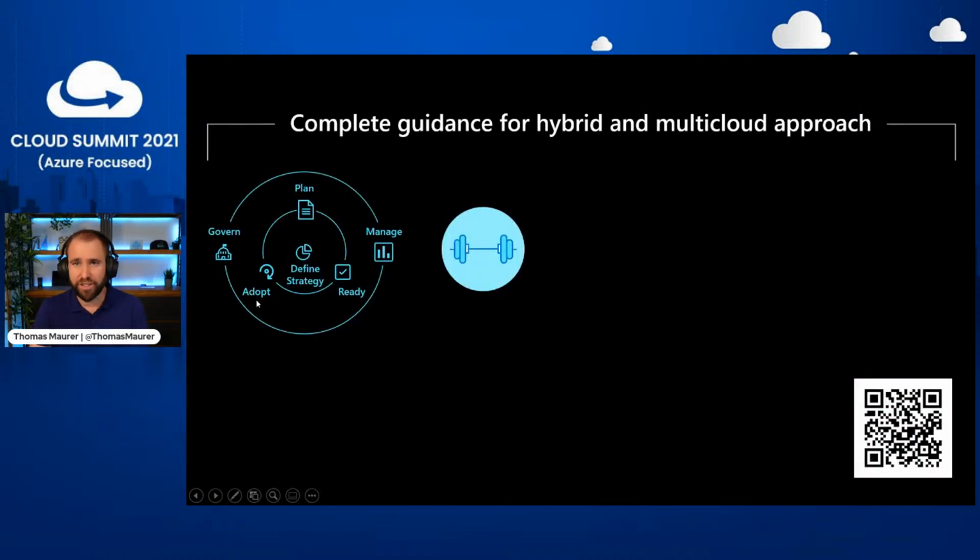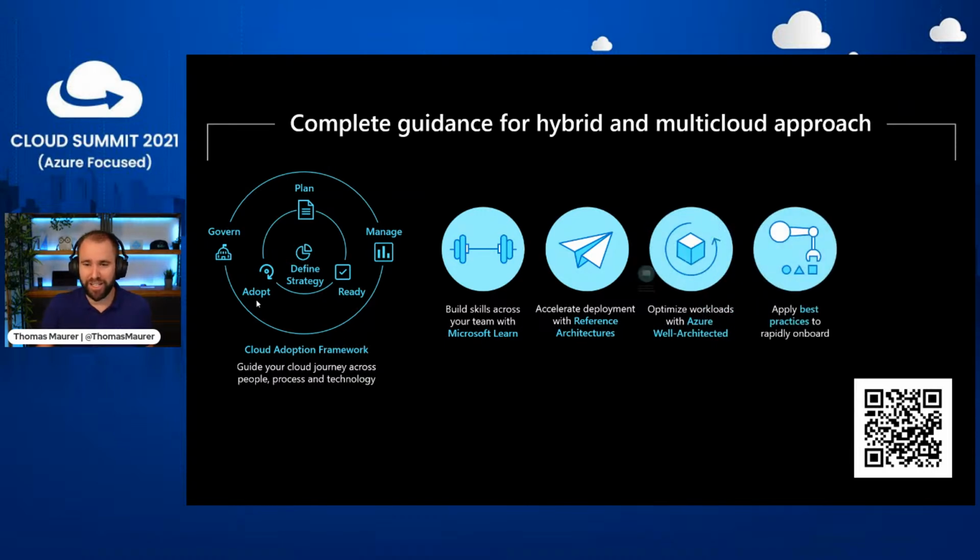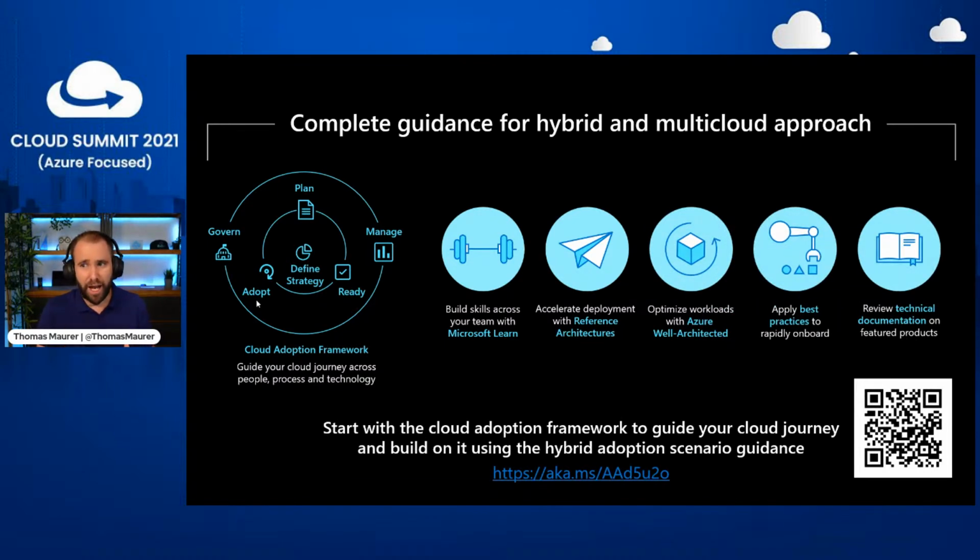So with that, I just want to tell you a little bit where you can find more before I'm done. If you're looking at this hybrid and multi-cloud approach and want to dive deeper into what I just told you, especially when it comes to management, have a look at the Cloud Adoption Framework. We now have a special scenario for hybrid and multi-cloud guidance, where we bring you that information. It's a lot of awesome stuff we developed together with our customers, the engineering teams, and so on, focusing on these hybrid and multi-cloud approaches, talking about the control plane and so on.